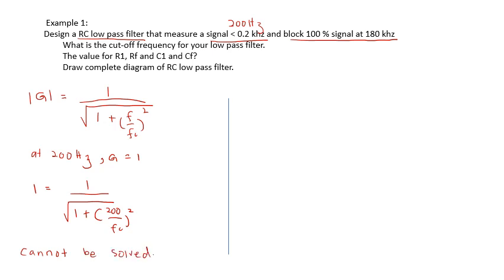Cannot be solved. So let's try the second condition, where at 180 kilohertz it will block 100%, meaning the gain becomes 0, equivalent to 1 over the square root of 1 plus (180 kilohertz over fc) squared. Again, we cannot solve it because we would need to multiply by 0 or divide by 0, so we cannot solve using this condition either.